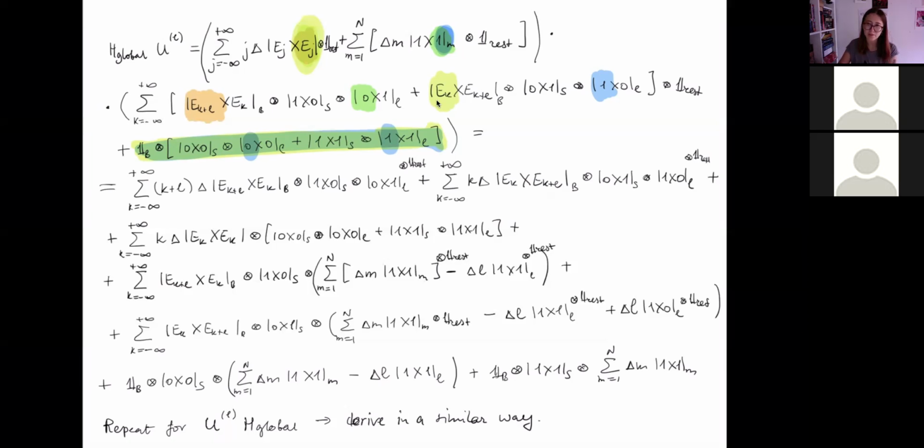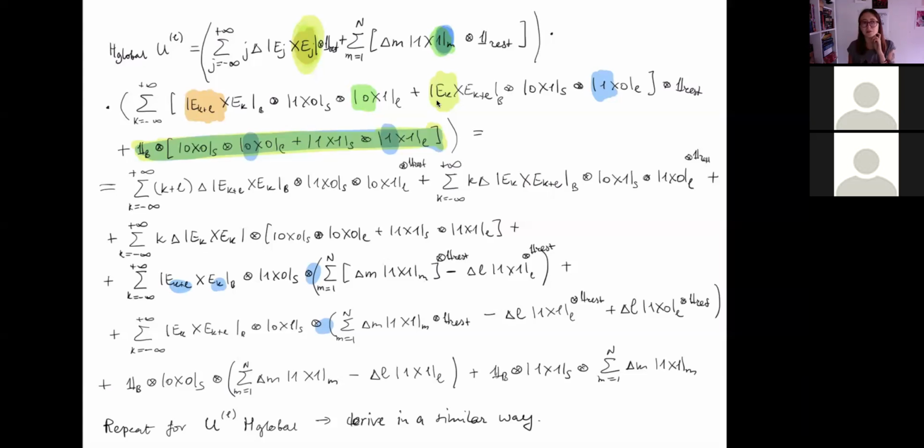To actually equate them, you may need to open some brackets which are here in the sum, like for example here and here, and then just compare each term to each other. Maybe you will need to change the summation. Like for example, if you have this E K L E K here, maybe you need to shift by L or so.